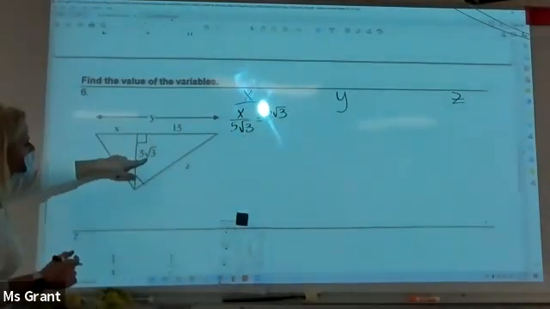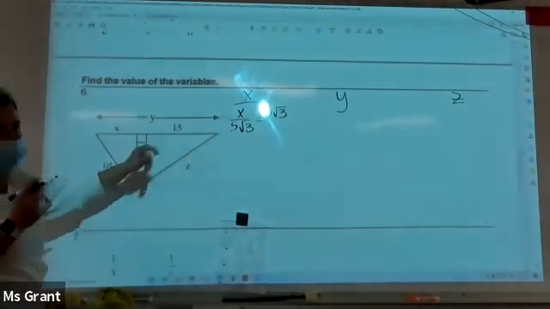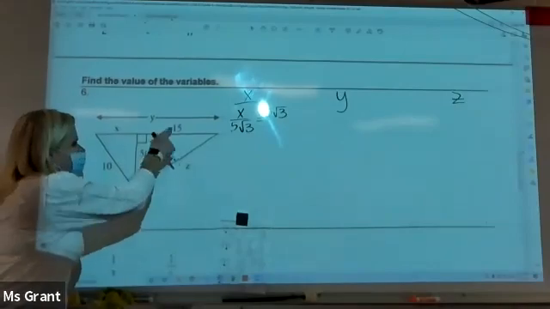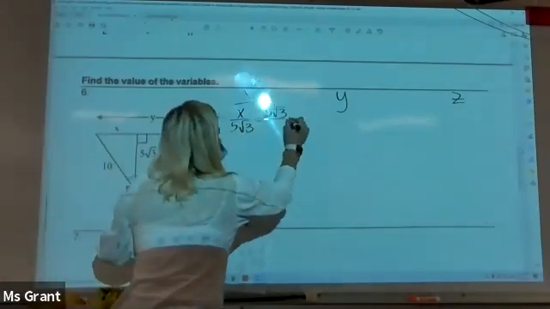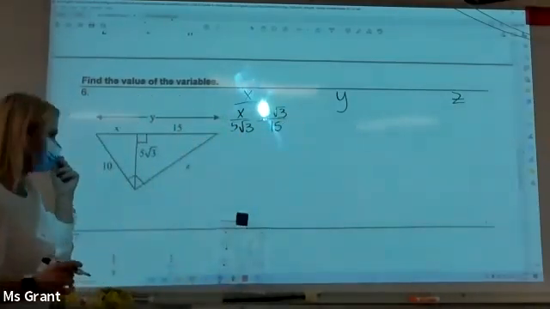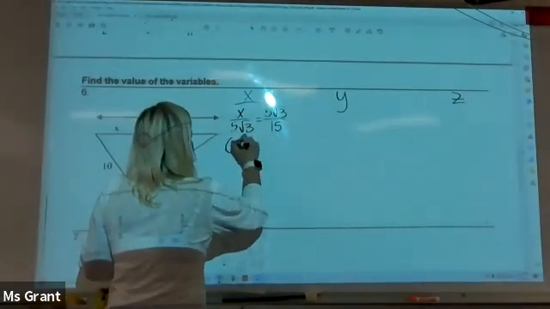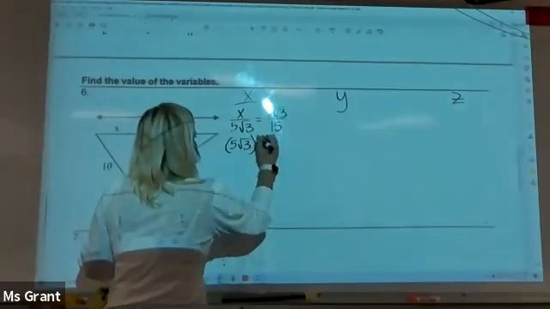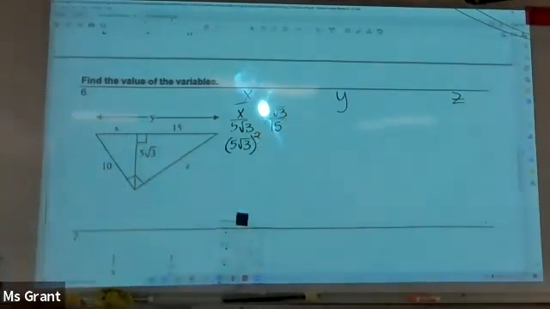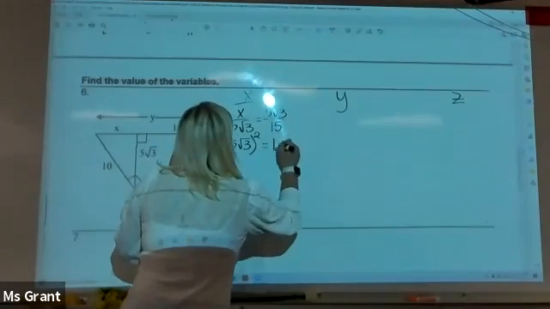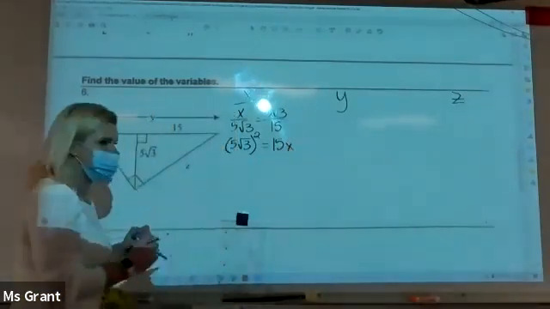X over 5 rad 3 equals 5 rad 3 over 15. 5 rad 3 is actually then squared, is it not? 5 rad 3 times 5 rad 3 equals 15x.